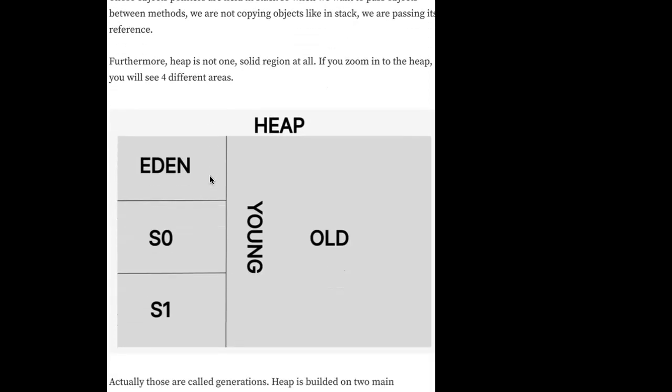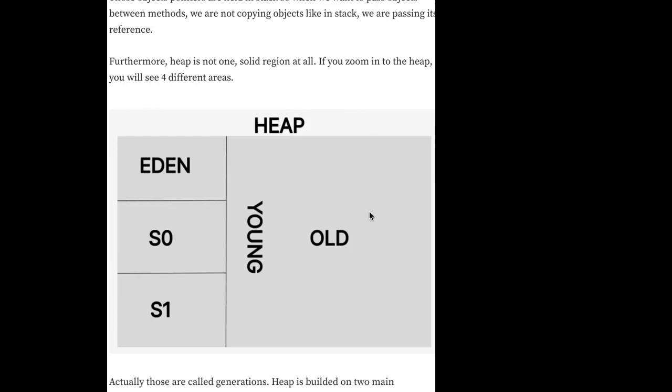Now, the heap is not one solid region at all. If you go into the heap, you will see different areas: Eden, S0, S1, old and young. These are called generations. Eden, S0 and S1 make up the young generation, and the other is called the old generation.